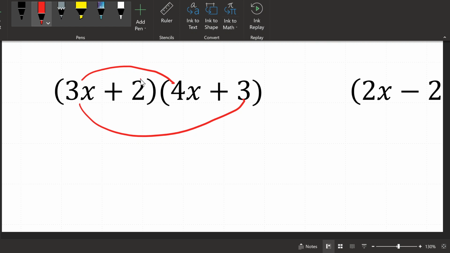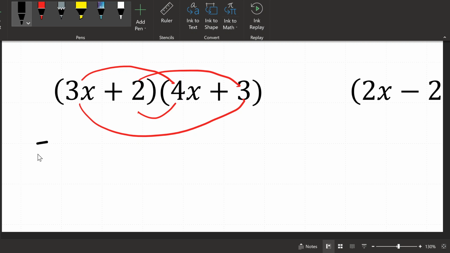We multiply the 2 by the 4x and the 2 by the 3. And you'll see a little kind of happy face there, which is generally how I like to teach it, and it is my preferred method. So we will go with that for now. If you do use a different method, that is perfectly fine. Just as always, show me your workings. I will happily assist you in any other way.